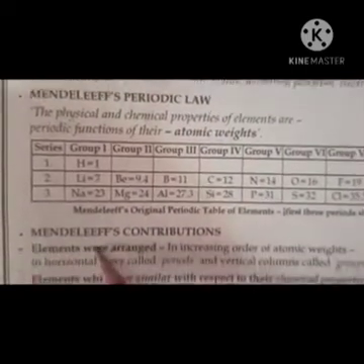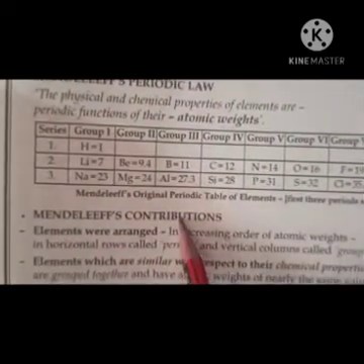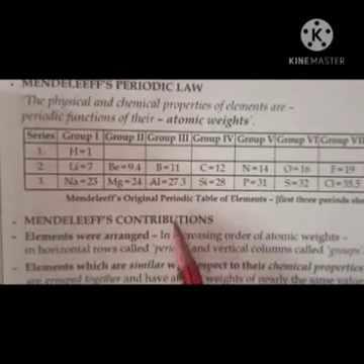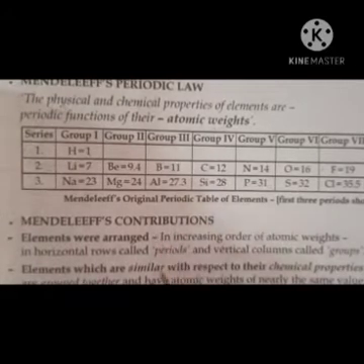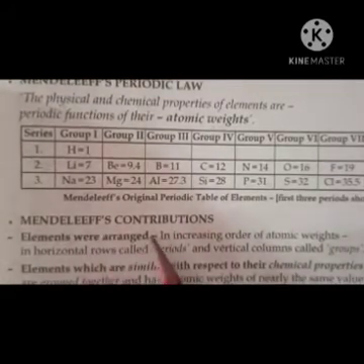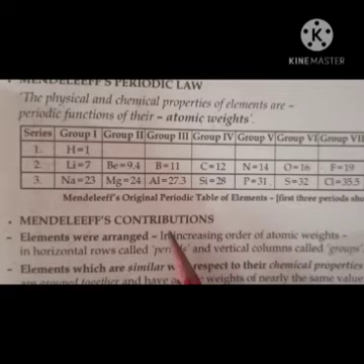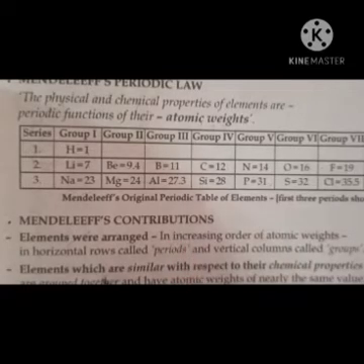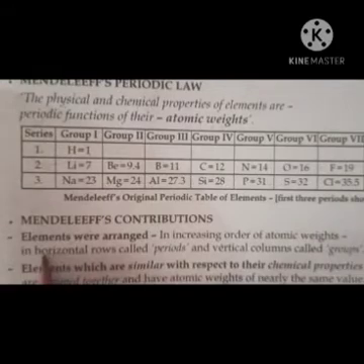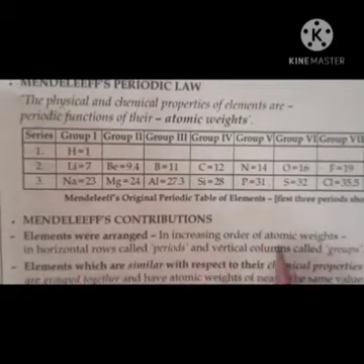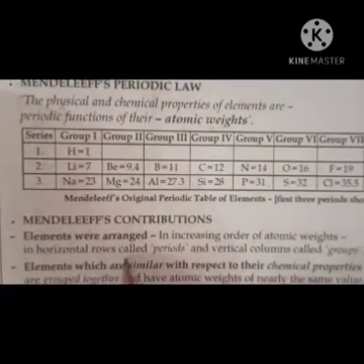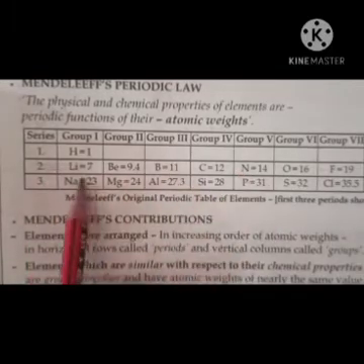Now, what was the contribution of Mendeleev regarding the modern periodic table? Contribution means what was the gift of Mendeleev towards the modern periodic table, or towards the modern classification of elements? First, Mendeleev arranged the elements in increasing order of atomic weight in horizontal rows, and what are these rows called?